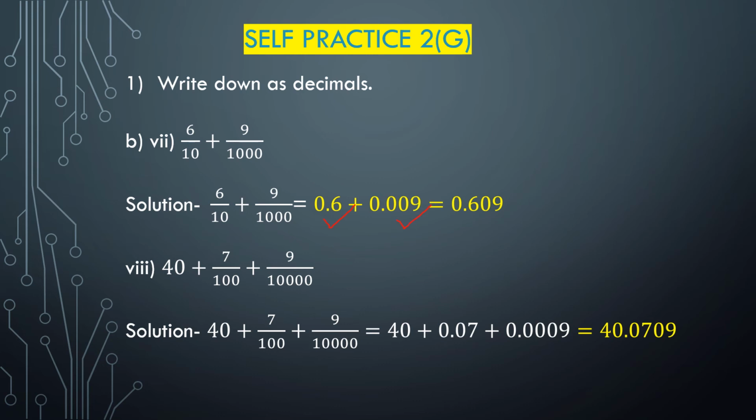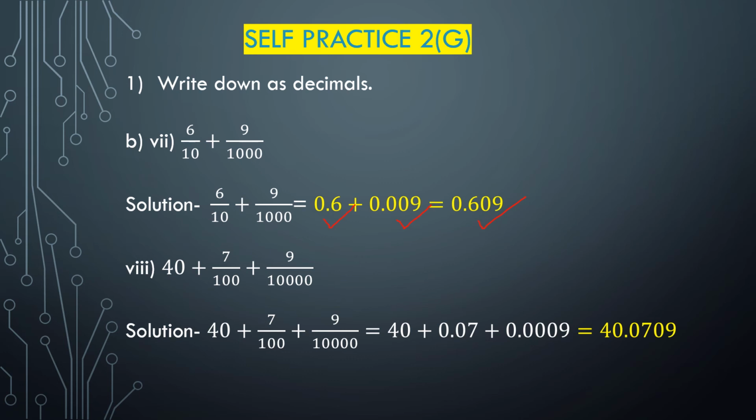Now 0.6 plus 0.009 will be 0.609. Now we get 6 divided by 10 plus 9 divided by 1000 will be 0.609.